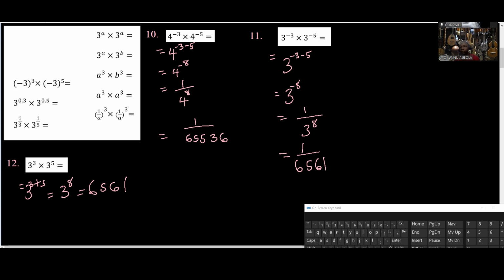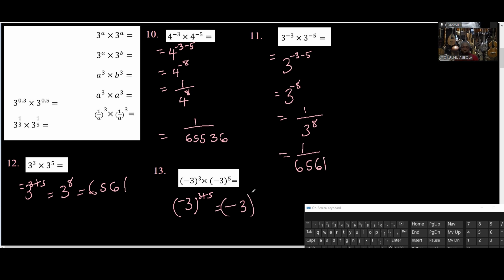And to the next one, number 13. So we have both of them to be negative 3. So negative 3 raised to power 3 plus 5. This will be negative 3 raised to power 8.